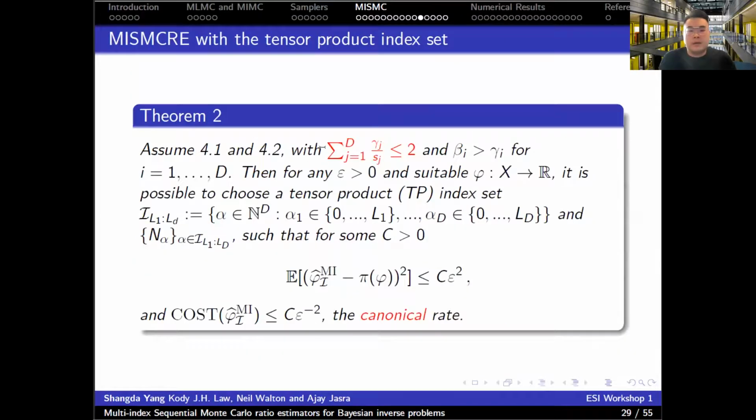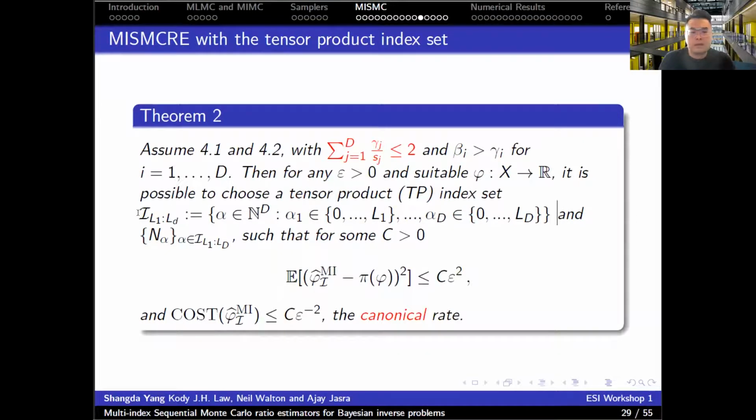And we require the summation of this to be less than or equal to 2, such that the cost at the finest indices does not dominate the whole cost. And also we assume that beta I is greater than gamma I. So with these assumptions, if we use the tensor product index size, written like this, there is a plot in later slides showing what the tensor product index set is.